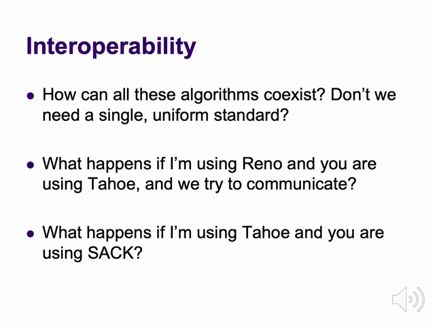If I asked you the same question about I'm running TCP New Reno and you are running TCP SACK, can we actually exchange packets, or do we have interoperability? The answer would be no. And that's because with selective acknowledgements, we're actually changing the acknowledgement field. And so we need both ends of the connection to agree and understand what that change is.